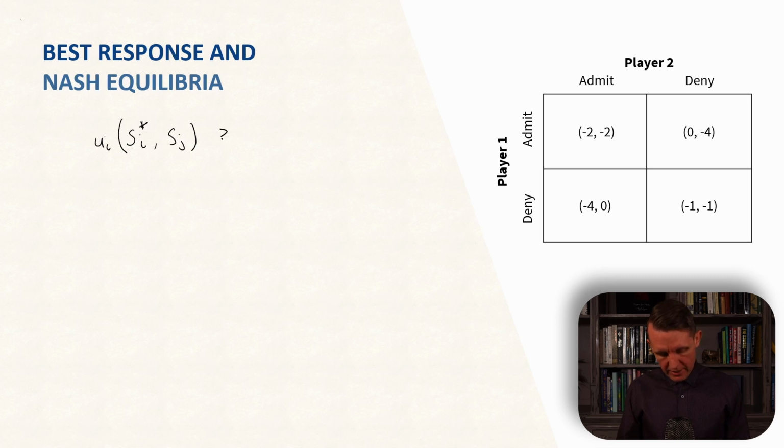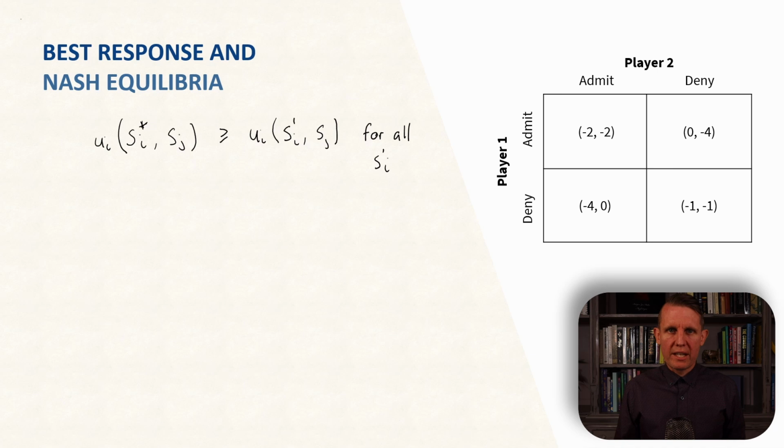If the utility of that strategy is greater than or equal to the utility of S prime I against the strategy Sj for all Si prime, then we say that this is the best response that agent I could play to strategy Sj.